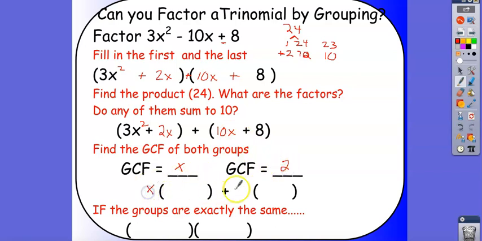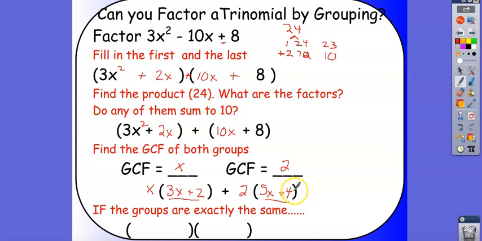I'm going to put an x here, 2 there. x times what gives me 3x squared? 3x plus 2. Now 2 times what? Well, that would give me 5x plus 4. Are these exactly the same? No. So that does not work.